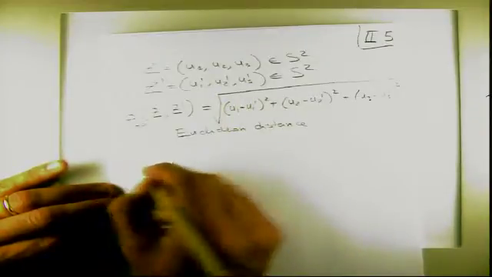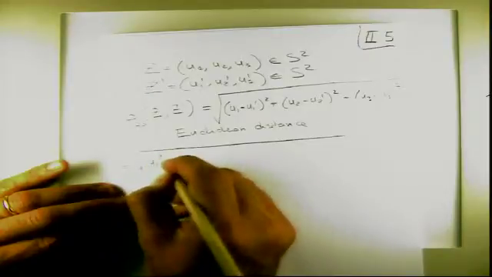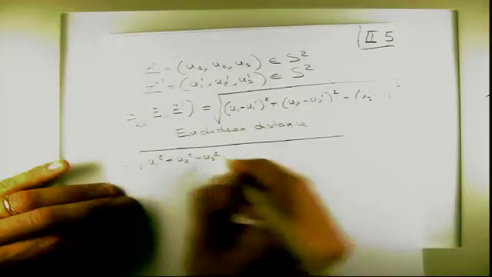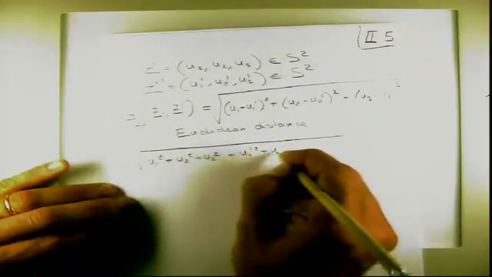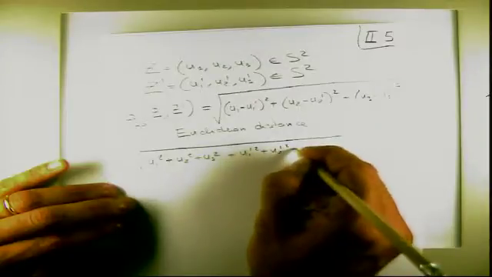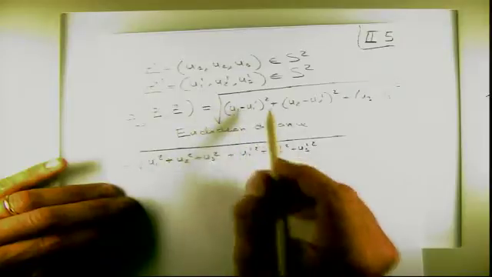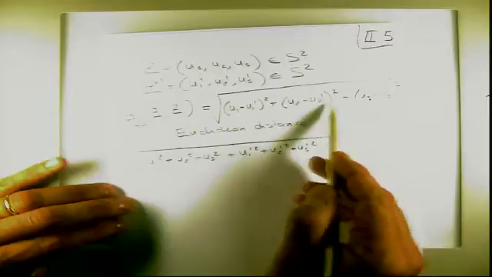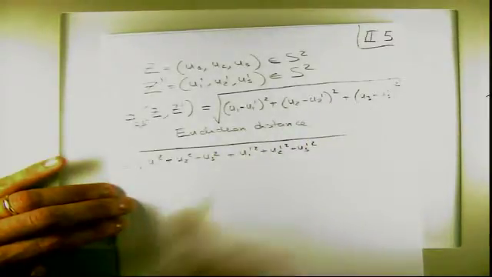So from this, I have u1 squared plus u2 squared plus u3 squared plus u1 prime squared plus u2 prime squared plus u3 prime squared, which is obtained considering the squares of the first and the second term in each summand.